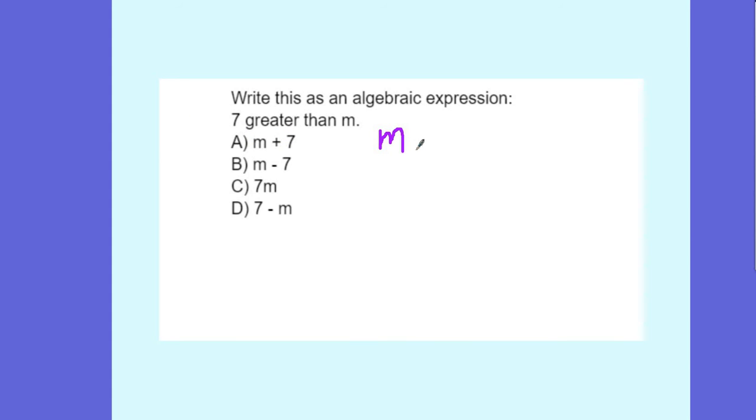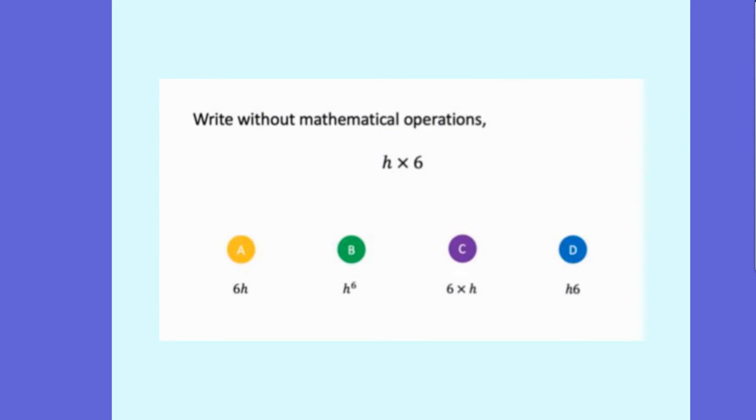Now that just means m plus an extra 7, so I would write that as A, m plus 7. Question number 4, can you write h times 6 without the mathematical operation? So without the x for me. So that would give me 6h, because we would write the 6 before the h.